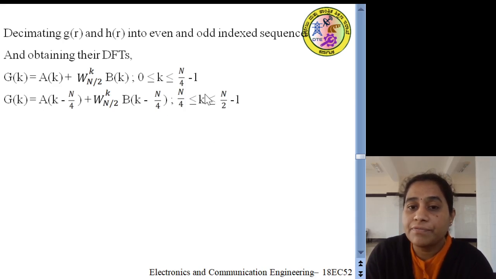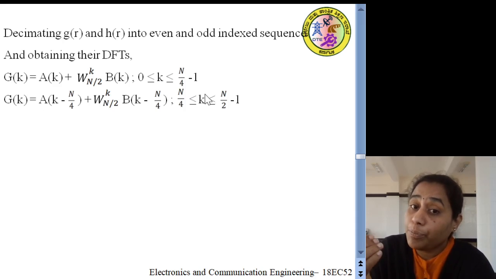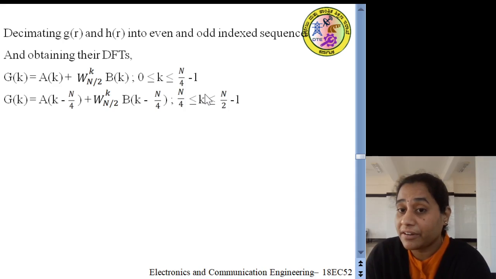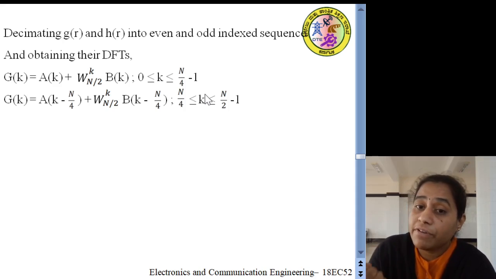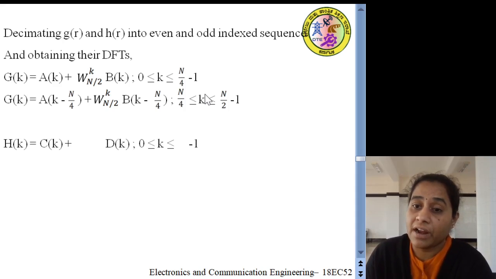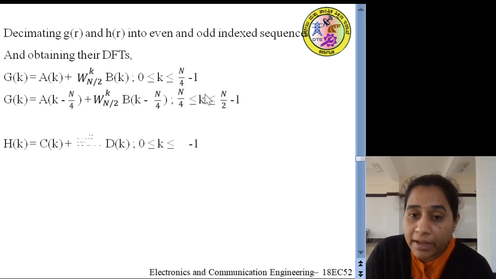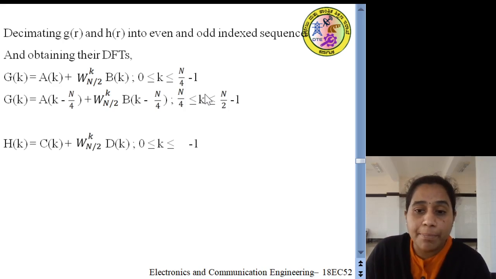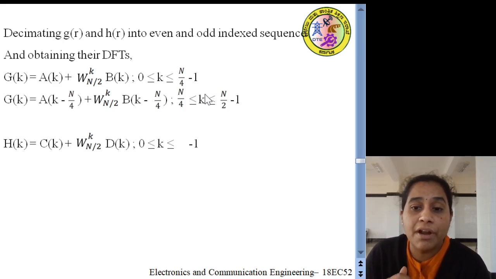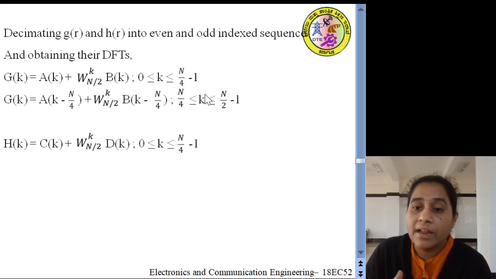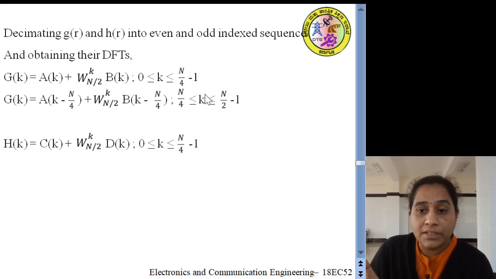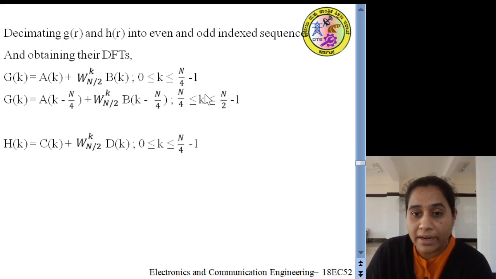This is for g of k, that is, g of k is nothing but the n by 2 point DFT of g of r. Similarly, next we will be considering h of k, which is the n by 2 point DFT of h of r, that we are splitting again. So, h of k can be represented as c of k plus w n by 2 raised to the power k into d of k, where k varies from 0 to n by 4 minus 1.